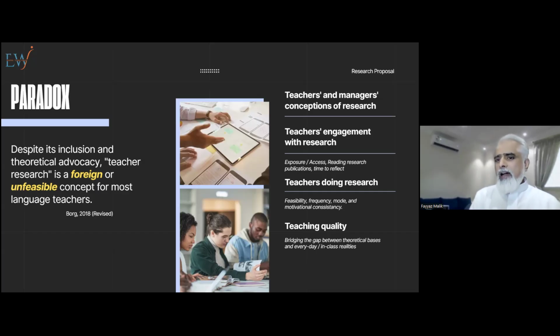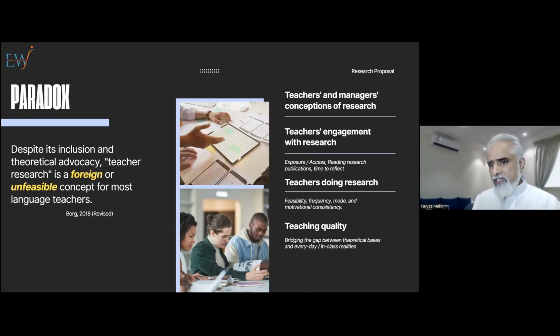Then there is teachers' engagement with research: exposure, access, reading research publications, time to reflect. Sometimes there are certain constraints which do not allow teachers to have all this access and exposure. So the biggest constraint is time.